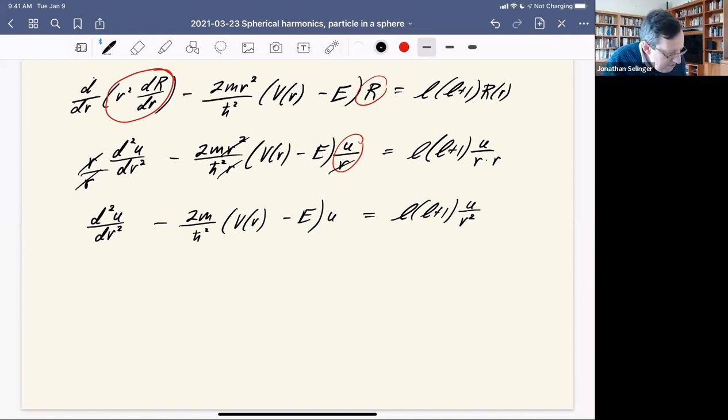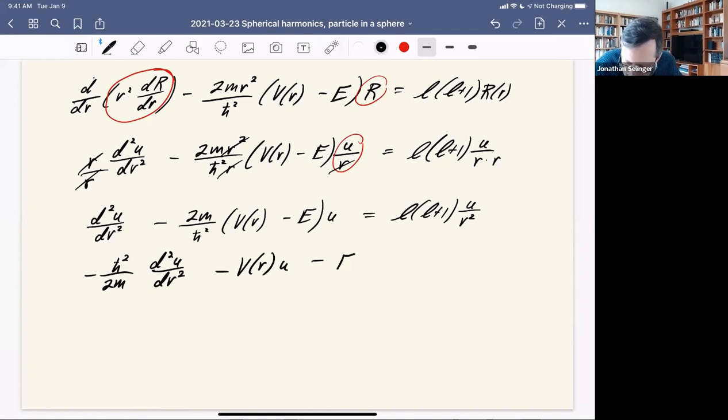All right, and then if we multiply through everything by negative h bar squared over 2m, we have a second derivative like this, minus v of r times u plus e times u.